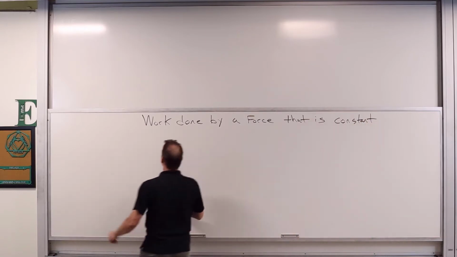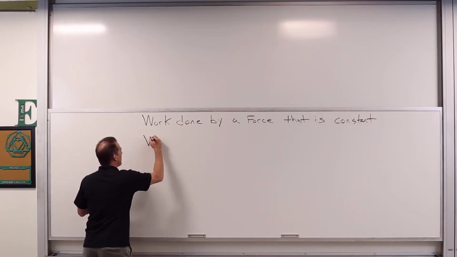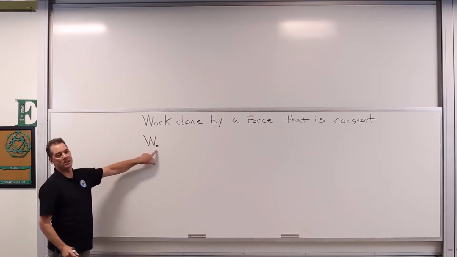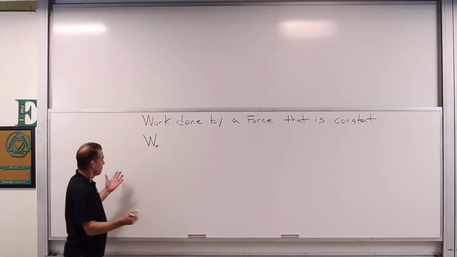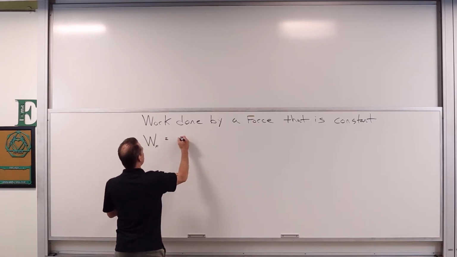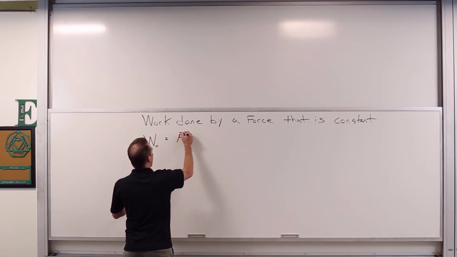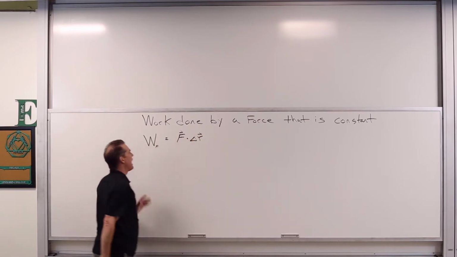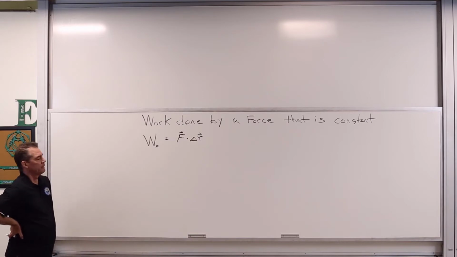The work done by that force, I'm going to write it W sub F, so we can talk about a specific force, is equal to F dot delta R. That's the definition of work done by a constant force.